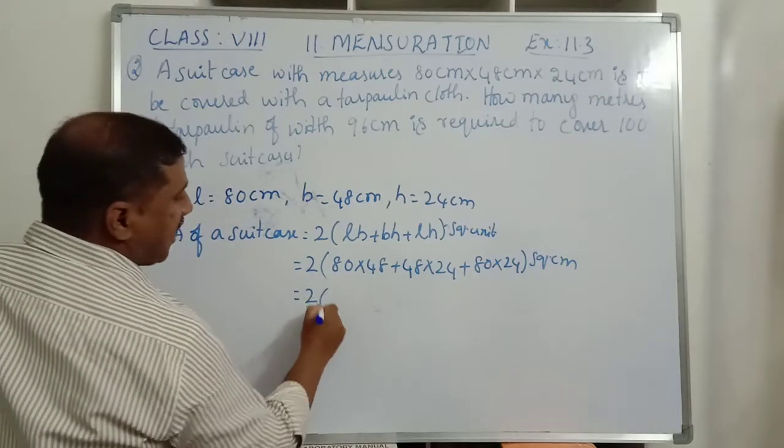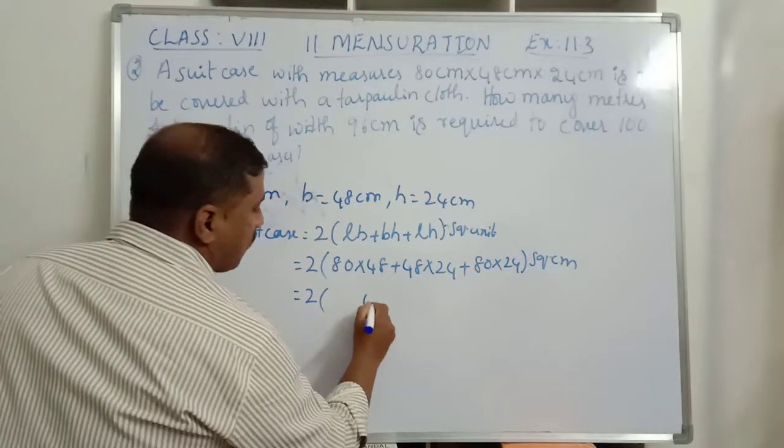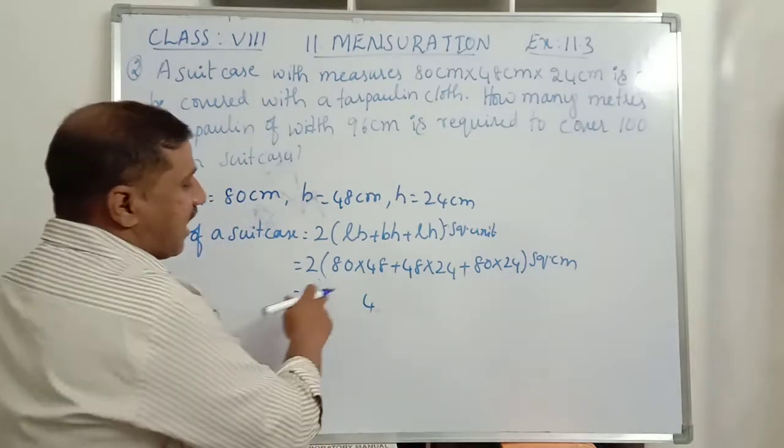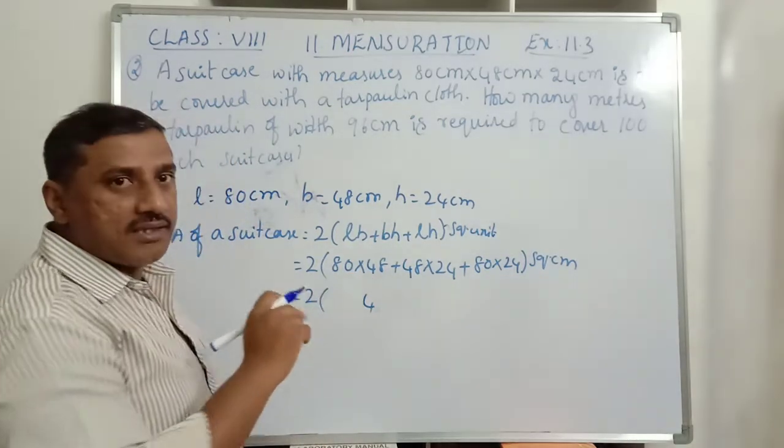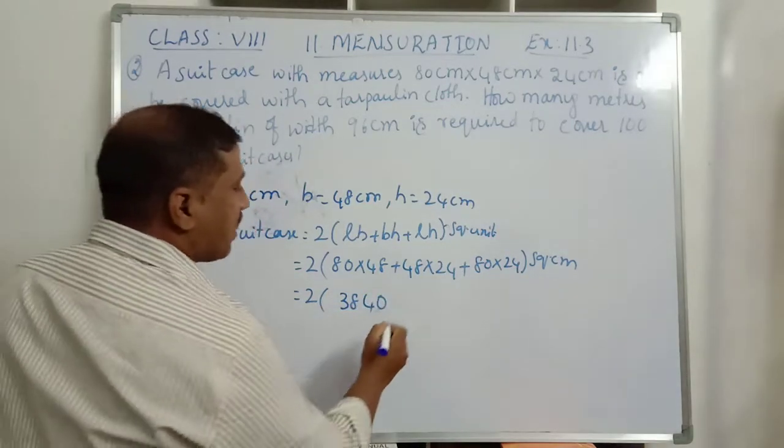Now you multiply this. 80 into 48: 8 8s are 64, 8 4s are 32, 32 plus 6 is 38, so 3840.